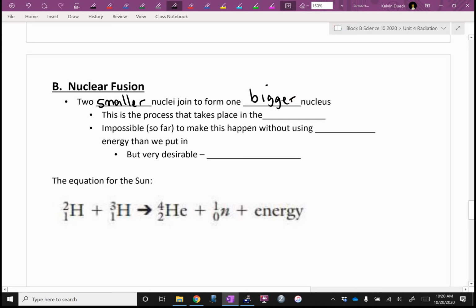How much energy? Look at the sun. A lot of energy. And more importantly, little or no nuclear waste. So this is the process that takes place in the stars or in the sun. So far, we can't do it without using more energy than we put in.